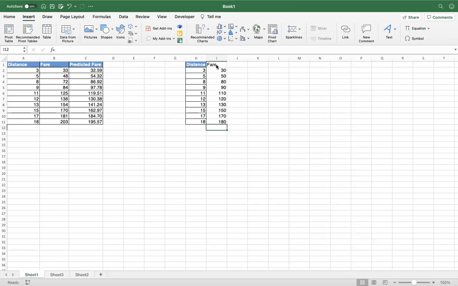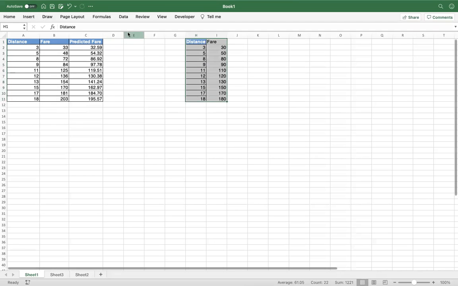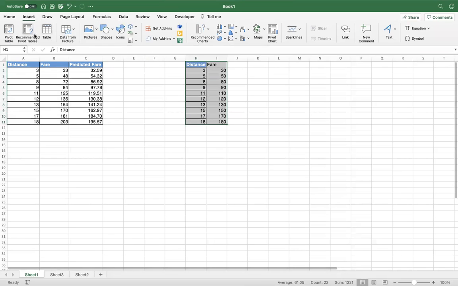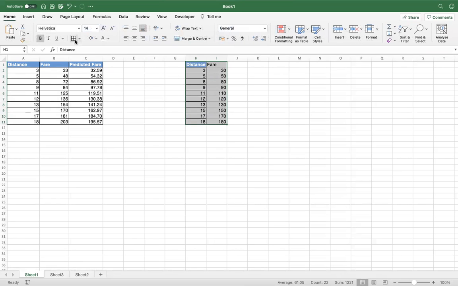If this is the case, then for 21 kilometers, what will be the fare? If this is our data, what will be my fare?